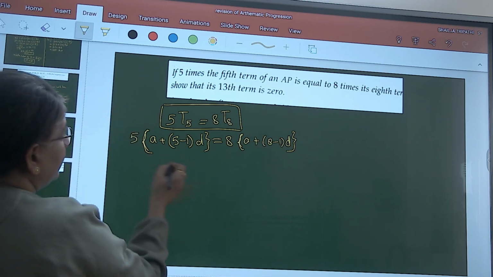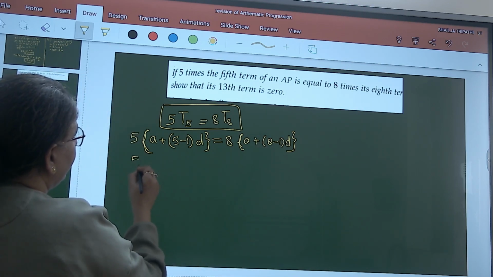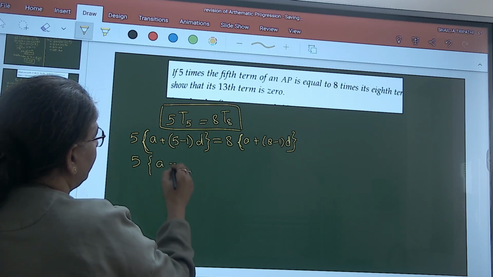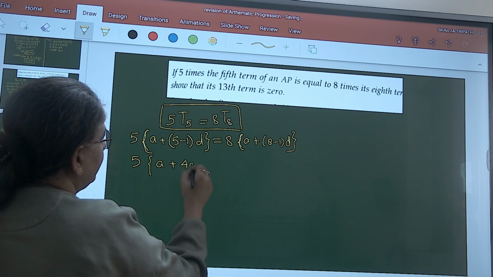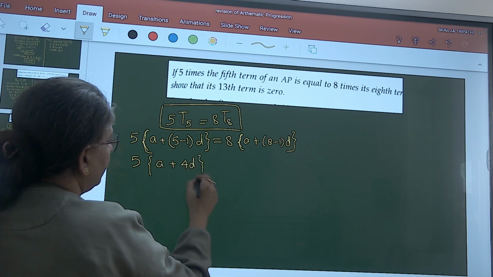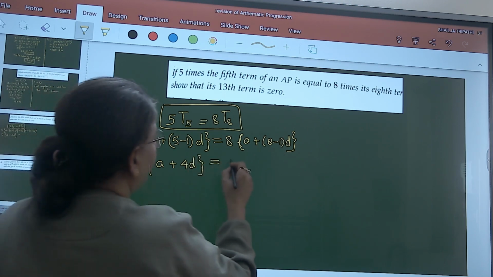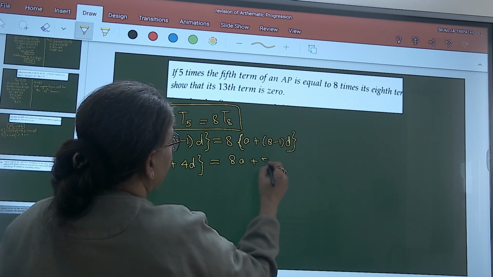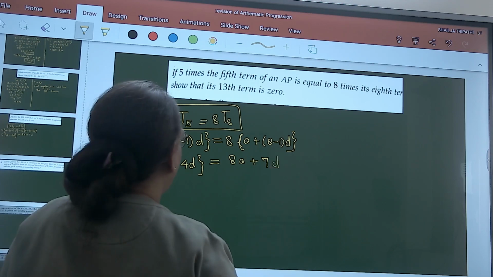Now let's solve this relationship. We get 5(a plus 4d) is equal to 8(a plus 7d).